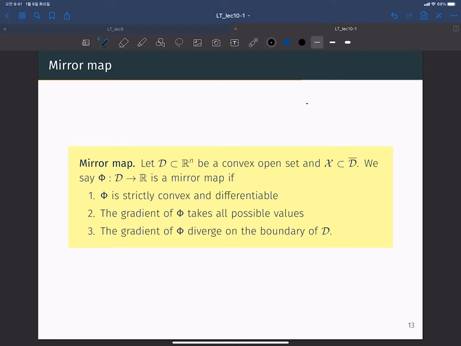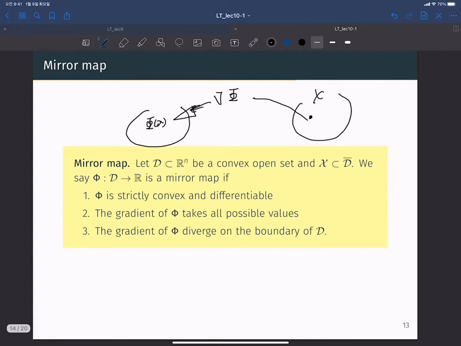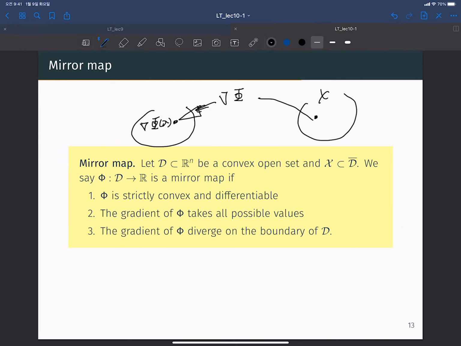Essentially we have the original space X with a function pi, usually a convex function pi, and its gradient. We can make a mapping from the original space to its dual space, like this gradient. So this map is called the mirror map.